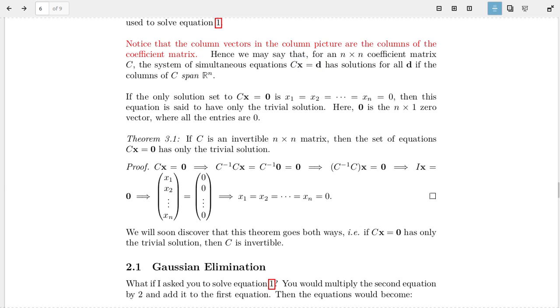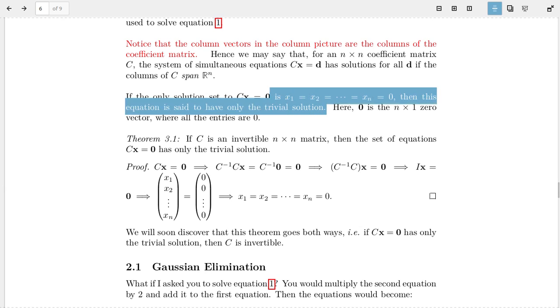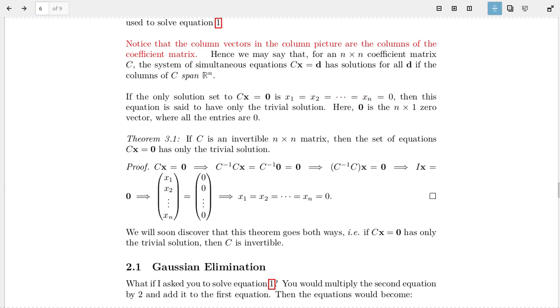Now, if we have a system of equations Cx equals 0, where 0 is the zero vector with all entries 0, and the only solution is x1 equals x2 all the way to xn equals 0, then this equation is said to have only the trivial solution.